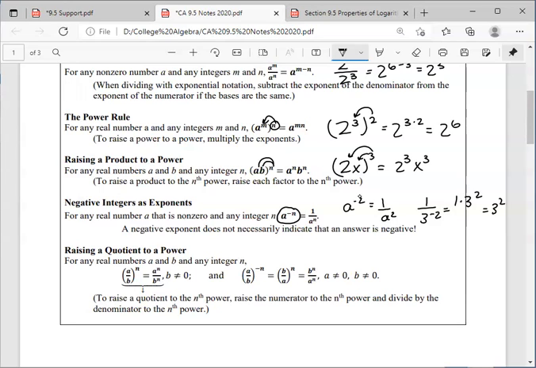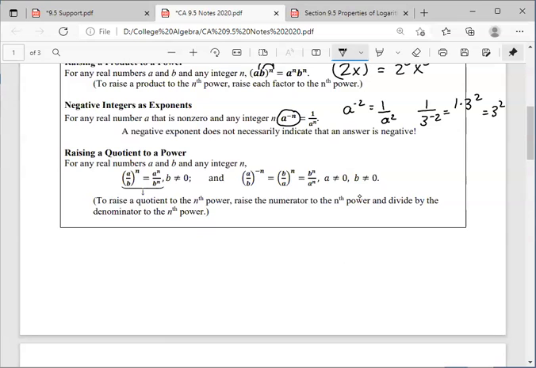It changes places. If we have a quotient to a power, which is what we did on that last example, so if I have 2 over x and I've got a 3 out here, that 3 has to go with both of these things. So it would be 2 to the 3rd over x to the 3rd. If it's a negative exponent, the first thing that's going to happen is the negative part makes the thing switch places.